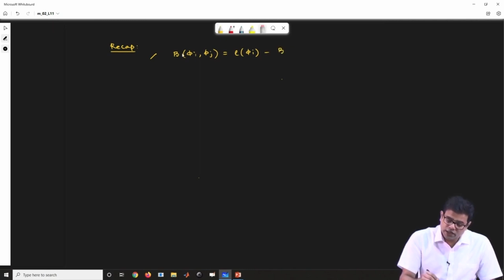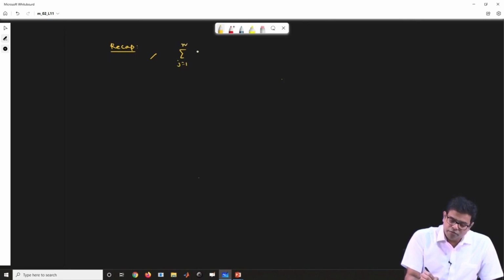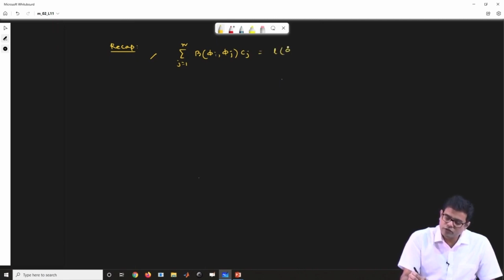Let me write it in terms of summation so that you can understand: sum over j equals 1 to n of B of phi i, phi j into Cj equals L of phi i minus B of phi i into phi 0.